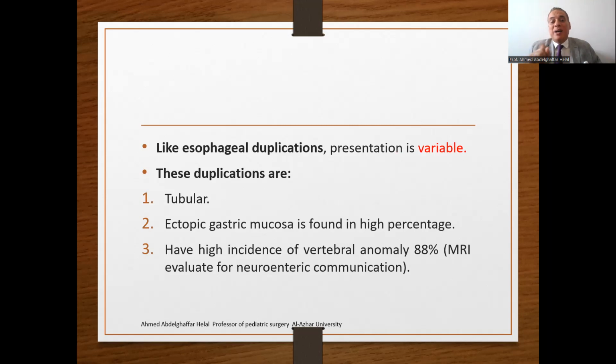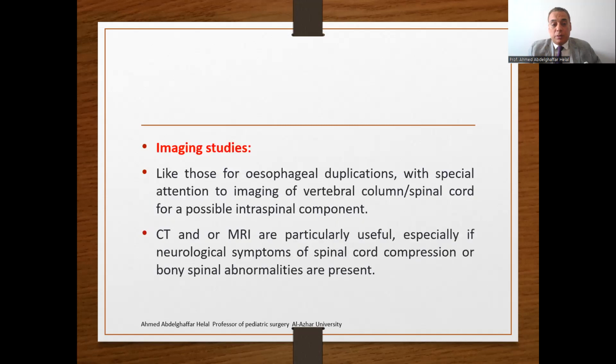88%. So MRI is very essential to evaluate for neuroenteric communication or neuroenteric cyst. It's very essential. Imaging is like that for esophageal duplication, with special attention to the vertebral column and spinal cord for a possible intraspinal component, which may need the availability of a neurosurgeon.